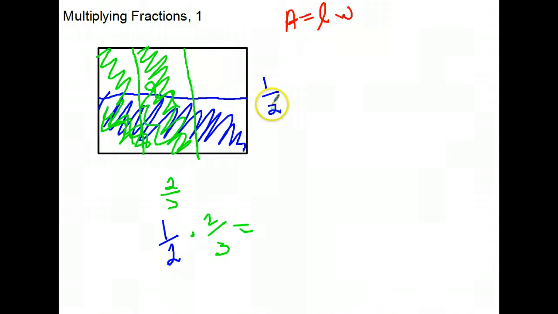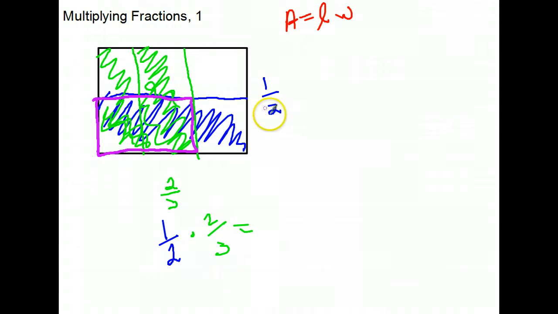Now when I'm multiplying my numbers 1/2 and 2/3, I ask myself, which parts of the model are both shaded in the green for the 2/3 and the blue for the 1/2? And I see that this area here is the area that has both green and blue in it.